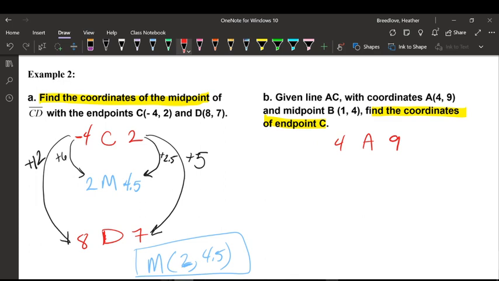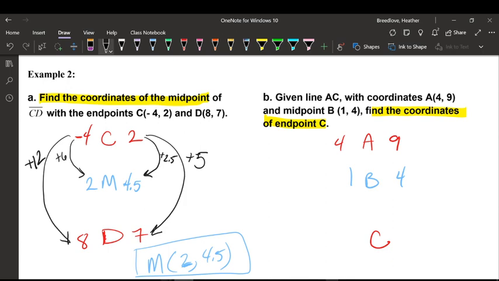And I'm still ending up at C as my endpoint, but I don't know what C is. This time it tells me B is in the middle. So I know B is the midpoint, and that's at 1, 4. So I'm not looking for the same thing, so I don't set it up in the same way. But I think this way is even easier.